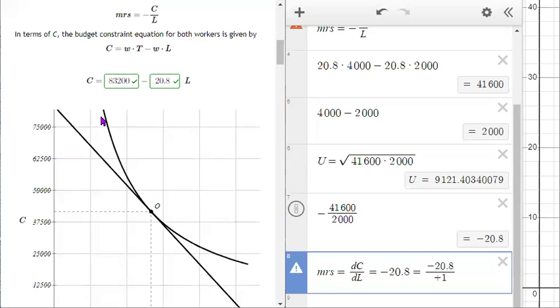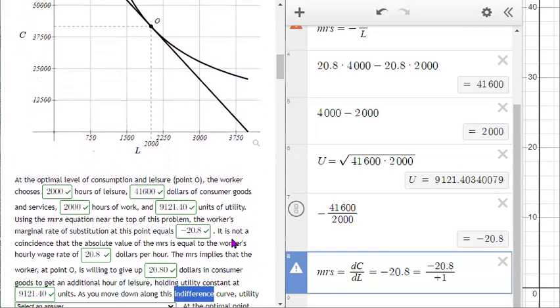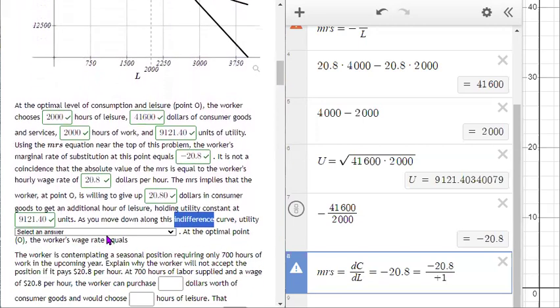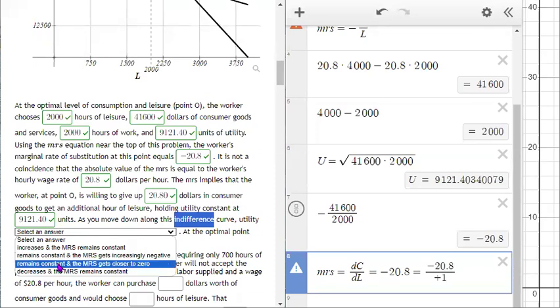Here we have high consumption and low leisure. Here we have medium consumption and medium leisure. All three of these points on this indifference curve yield the same level of utility, which is why we're indifferent. So as we move down this indifference curve, utility is remaining constant.